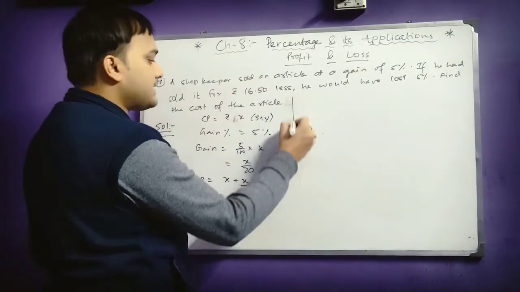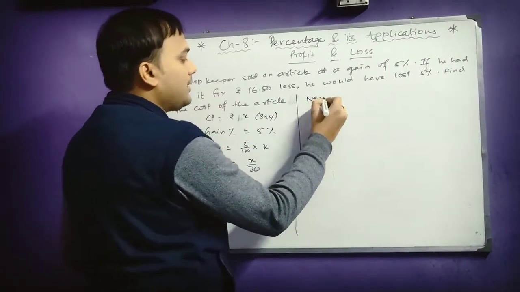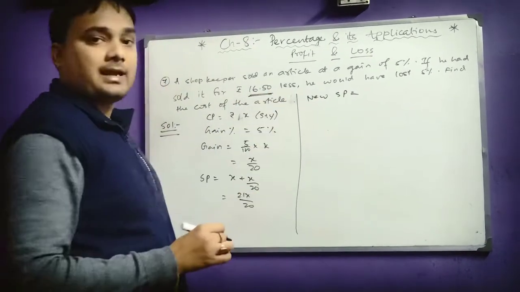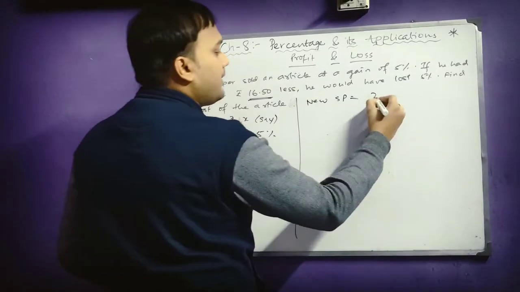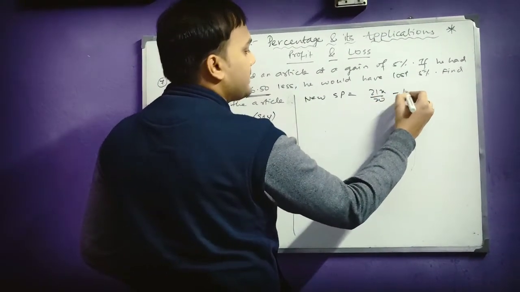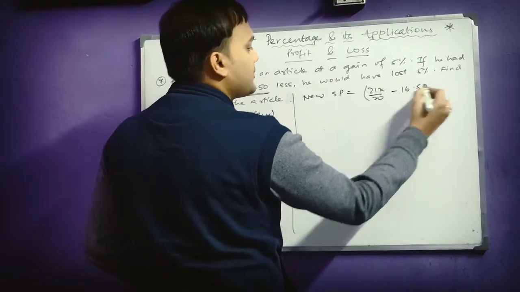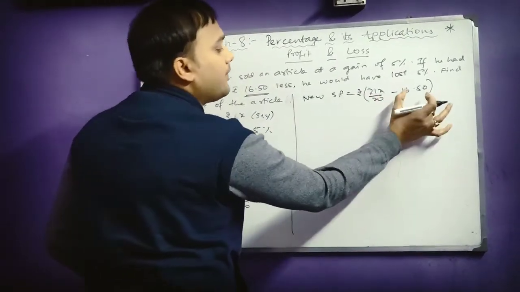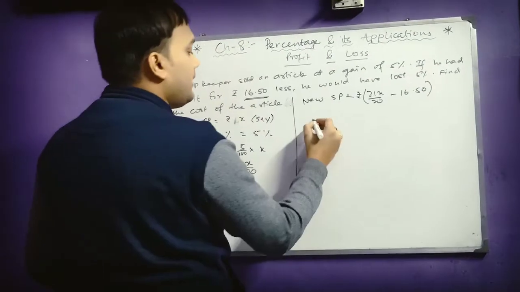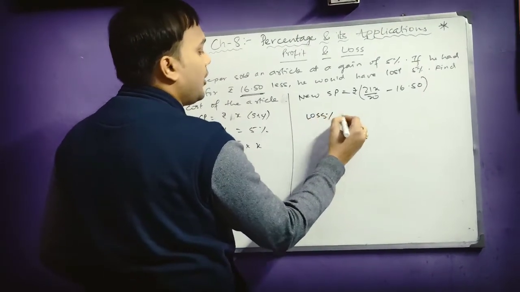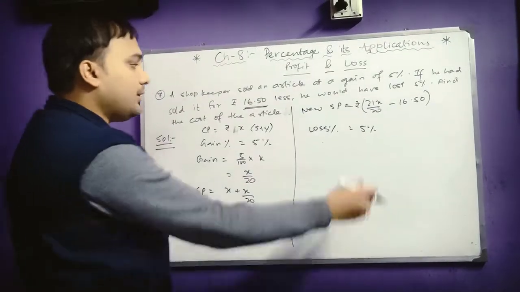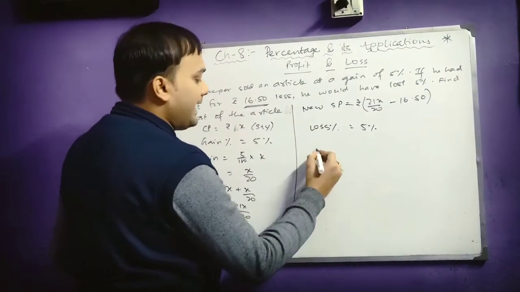But in the second case, it is said that the new selling price, if the selling price is 16.50 less, will be 21X by 20 minus 16.50. This will be my new SP, because this is the old SP. But if I am selling for 16.50 less, then my loss percentage is 5%. So I know the selling price and I know the loss percentage. So what will be CP?